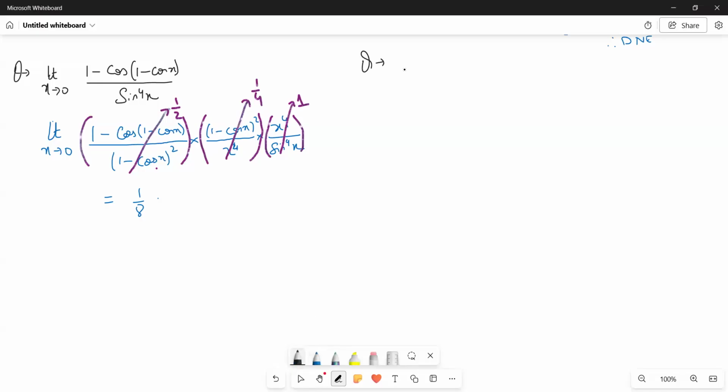Okay, next question. Limit x tending to 0, x square into cos of 1 by x by sin x.